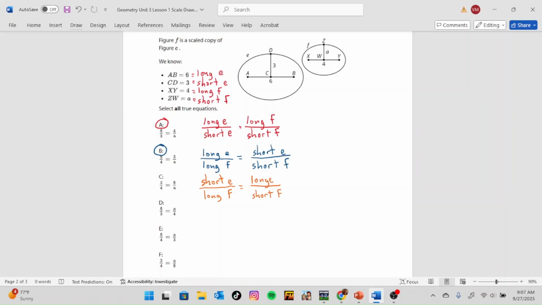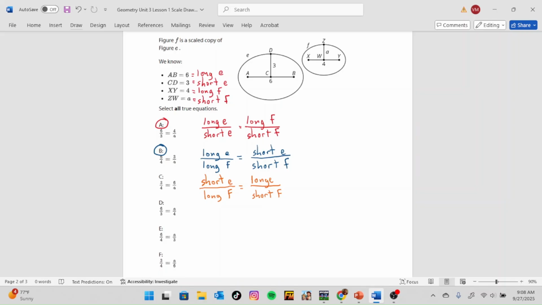We're comparing short with long over short with long, and these are not going to give us the same ratios. We're not making a valid comparison. We're not like we were in A, where we did the long of one with the short of the same, compared with the long of the other with the short of the same.